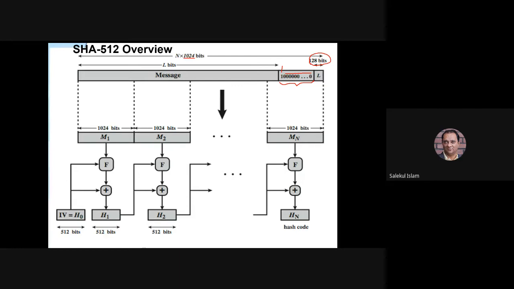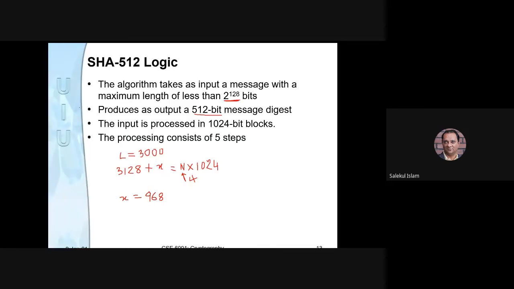So I have 3000 plus 128, that is 3128 bits. This part is fixed. Now I'm considering that my padding length is x. So ultimately this will be n times 1024. It's very simple, right?